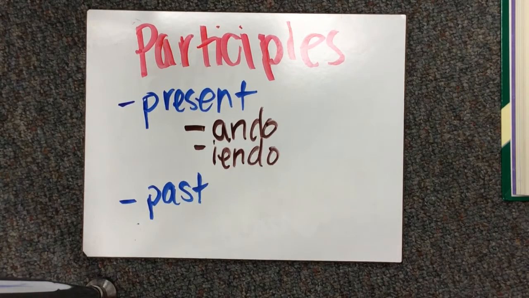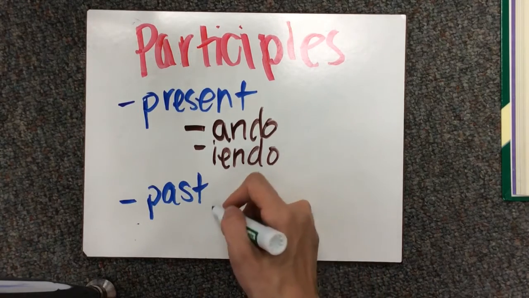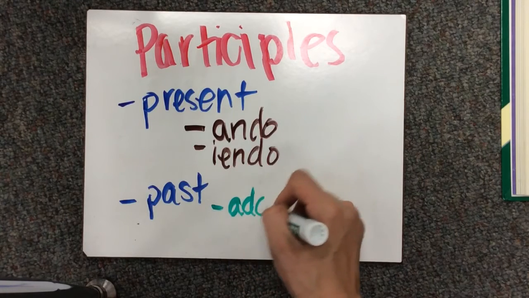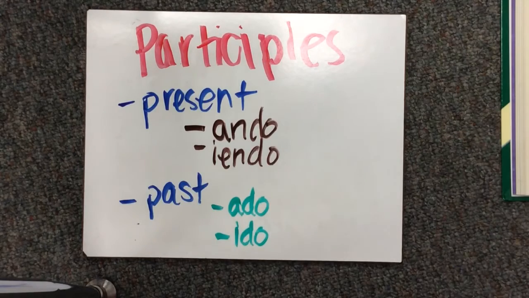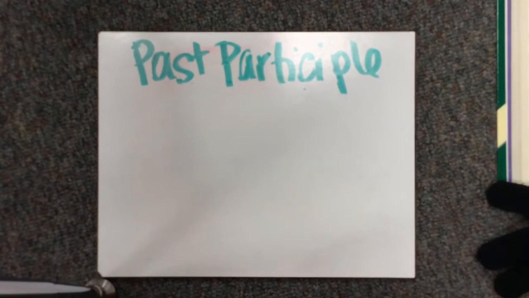The past participles are made a little bit differently. For AR verbs, they end in ado, and for ER-IR verbs, they end in ido.